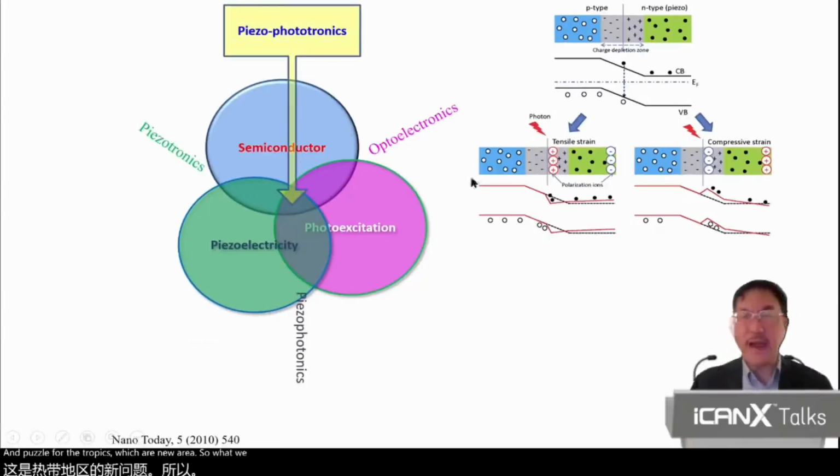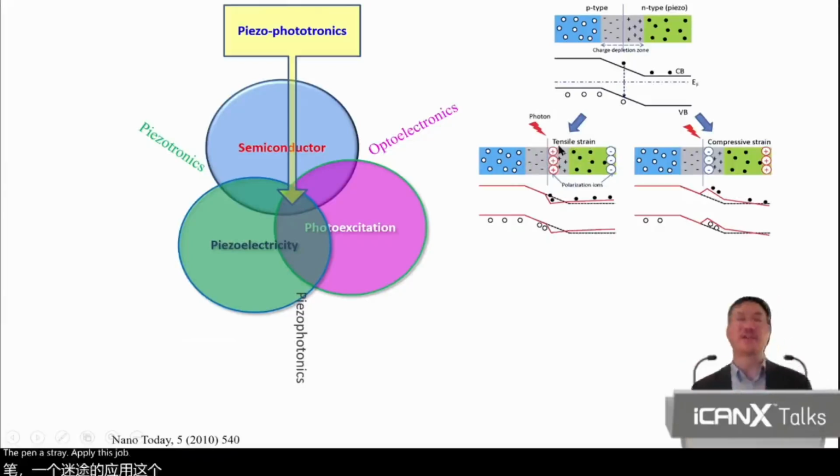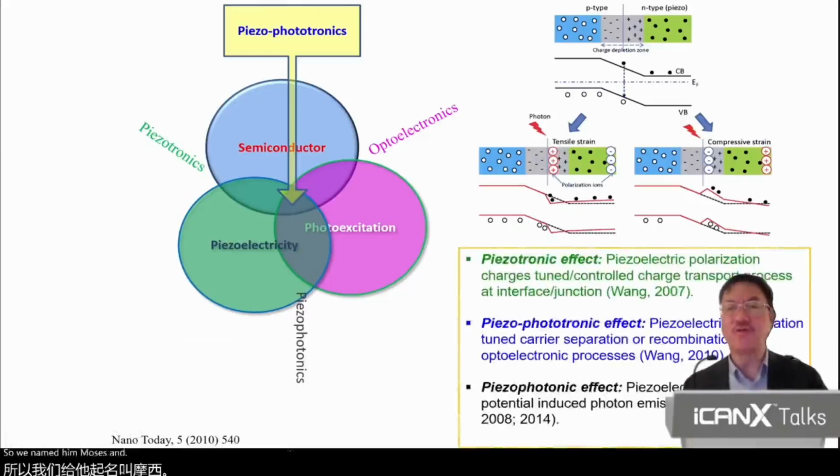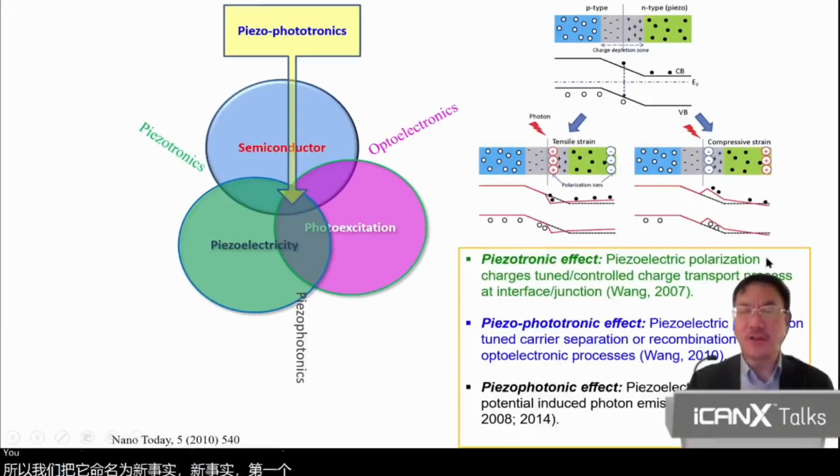So what we have is 1 layer of polar charge at the interface. You change the carrier separation or recombination. You change the depletion zone, moving it right or left depending on the strain you apply. This gigantically changes the optoelectronic processes. So we name this a new effect. In total there are 3 new effects. The first one uses the polar charge to tune the carrier transport at the interface junction.